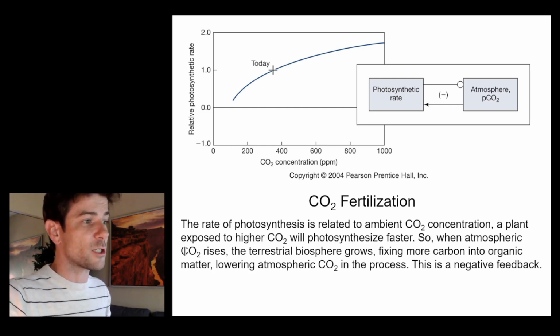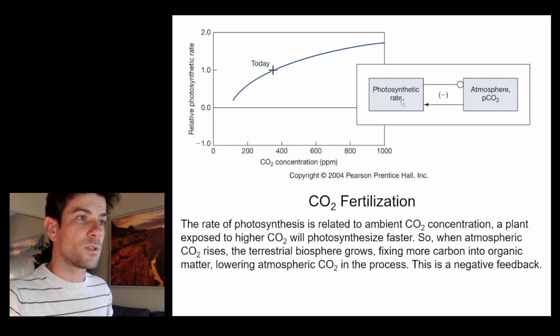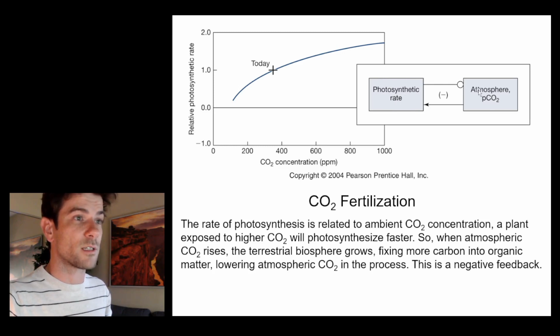So when atmospheric CO2 rises, the terrestrial biosphere grows, fixing more carbon into organic matter, lowering atmospheric CO2 in the process. This is a negative feedback. Okay, so atmospheric CO2 increases, photosynthesis increases, taking atmospheric CO2 and turning it into organic matter, which causes atmospheric CO2 to decrease, right?